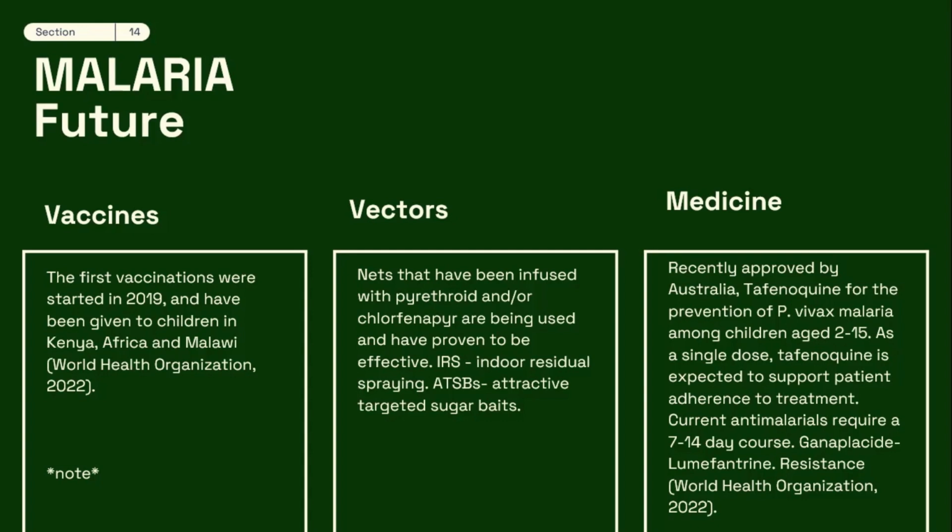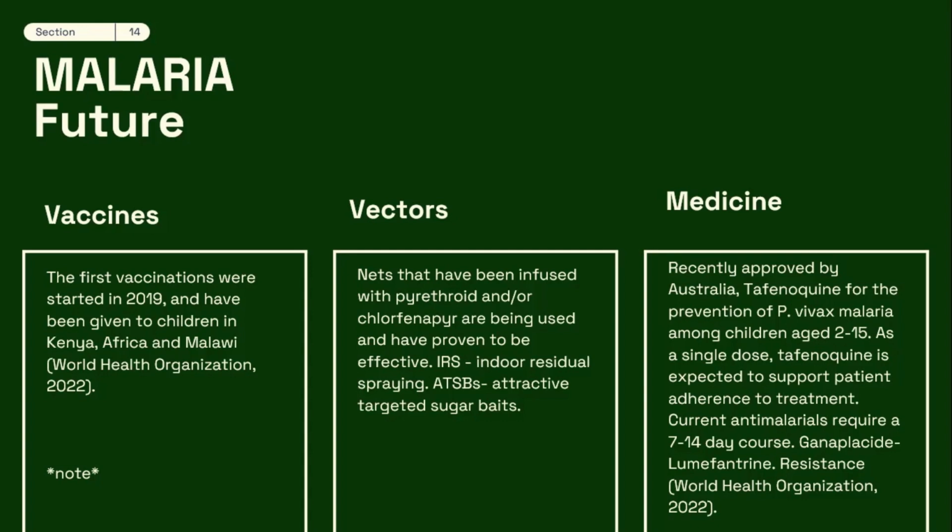For medicine, recently approved in Australia is a medicine called tafenoquine for the prevention of P. vivax malaria for children ages 2 to 15. As single doses, tafenoquine is expected to support patient adherence and treatment. This reduces how many times people have to seek medical attention.